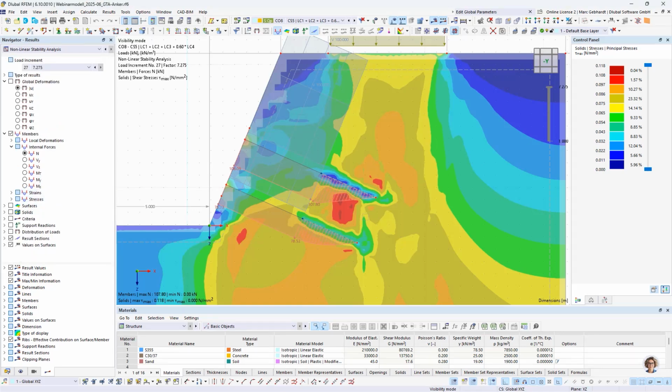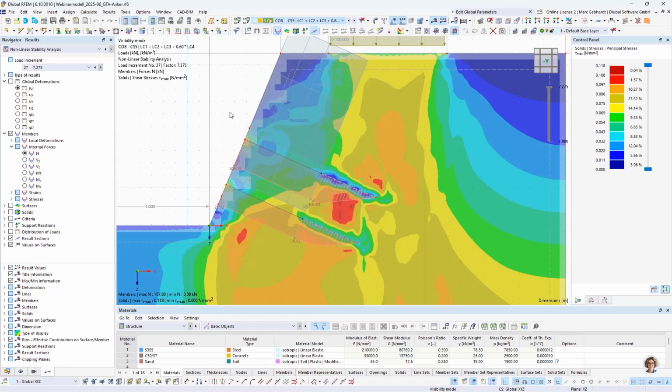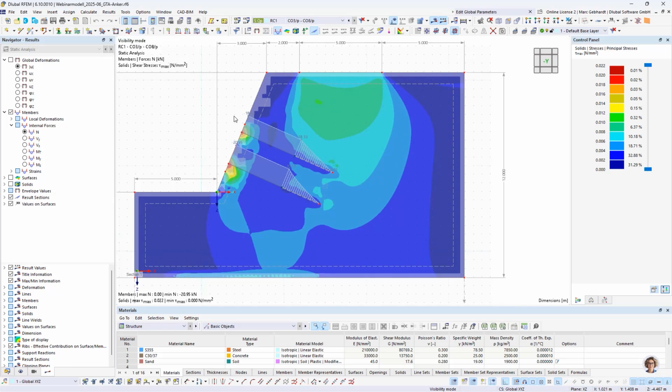Now we want to check the result combination to see our stresses in high values, and in a new window to check also the stresses in only self-weight load.